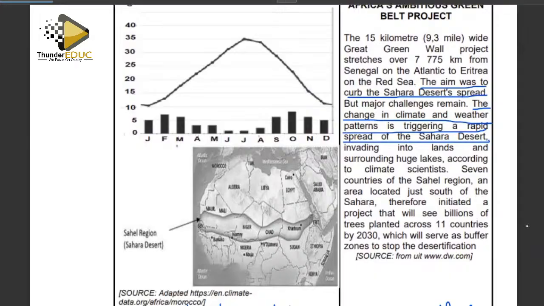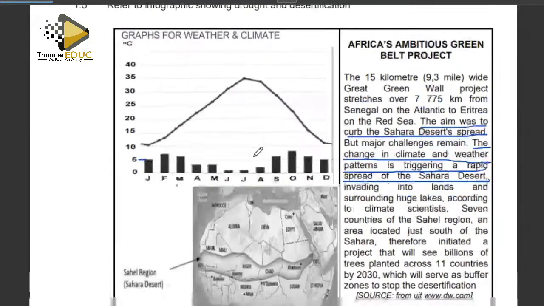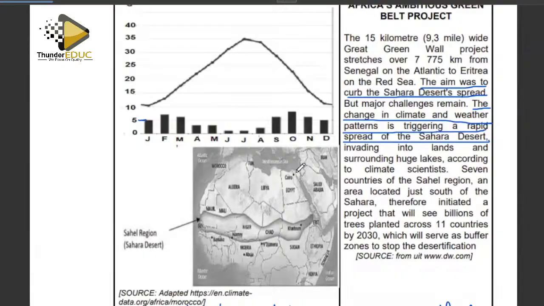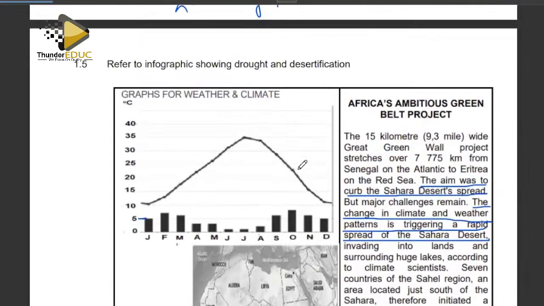January, February, March. January is here. It's 5. Right. Then this is graph for weather and climate.